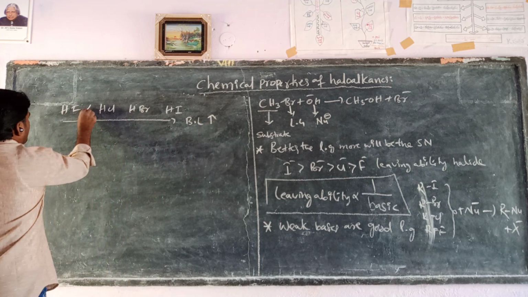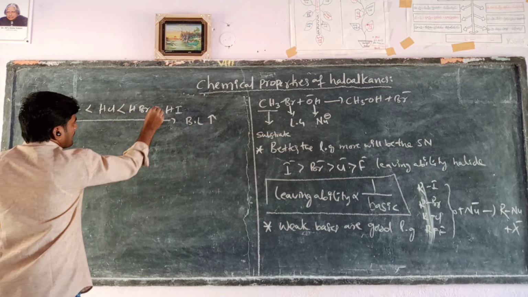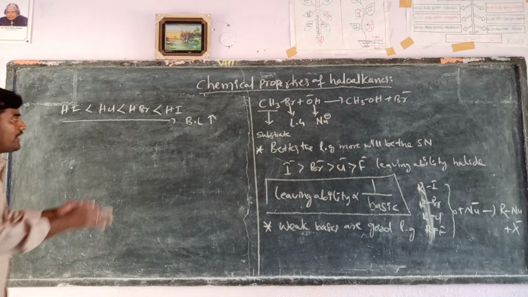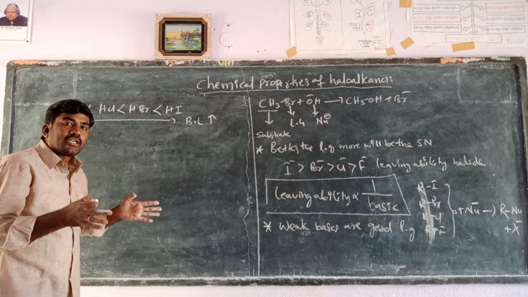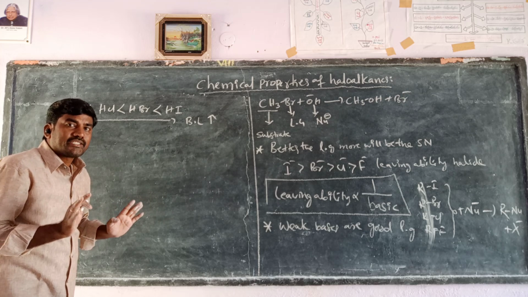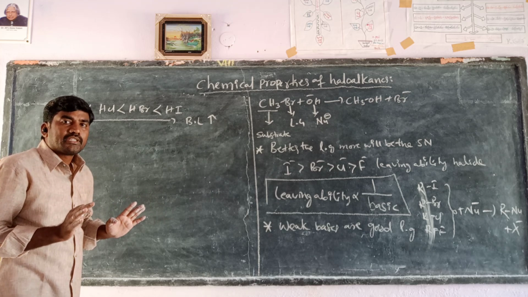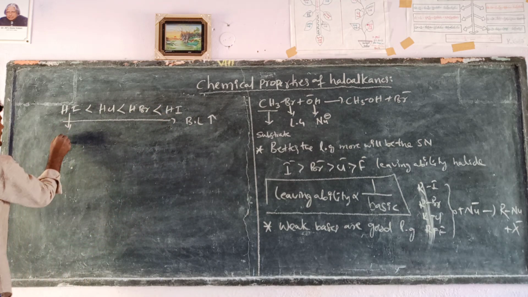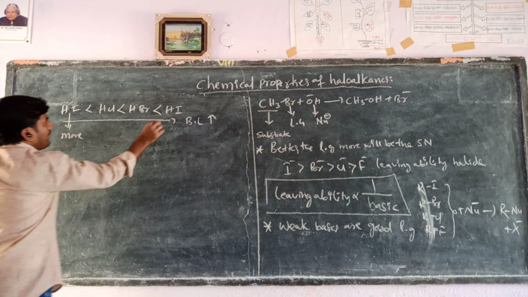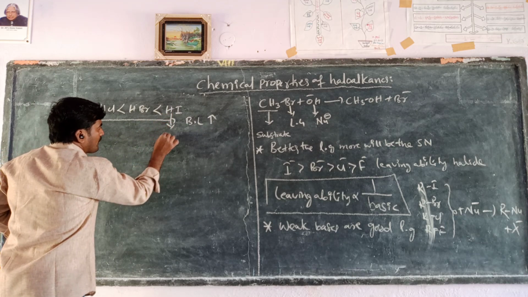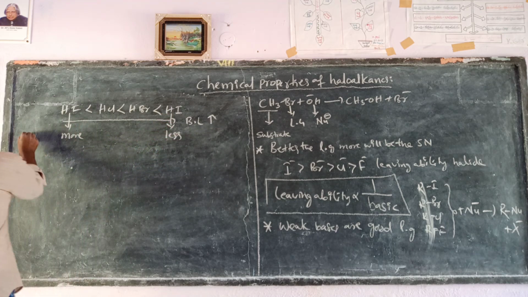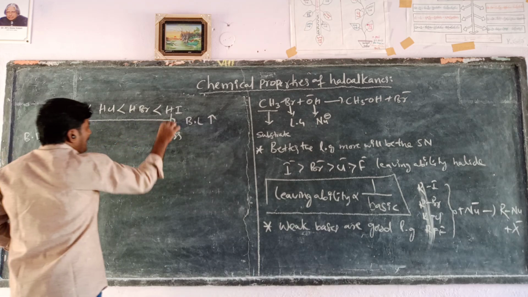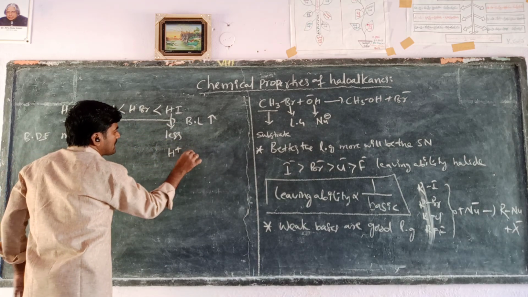When bond length increases, the bond dissociation enthalpies decrease. Now the bond dissociation enthalpy of hydrogen fluoride is more, and the bond dissociation enthalpy of hydrogen iodide is less. Now this bond we can break easily, and it ionizes into H plus and I minus.